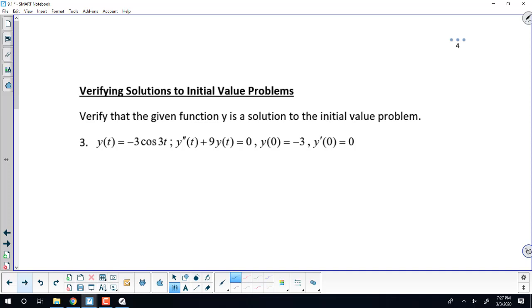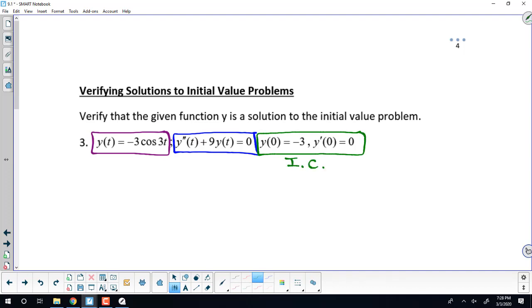Then we can also verify solutions to initial value problems. After we verify a few of these, we're going to look at initial value problems themselves. Solving an initial value problem is what we want to focus on, especially for the exam in 9.1's material. So here we have our differential equation, we have our proposed solution, and then we have our initial conditions.